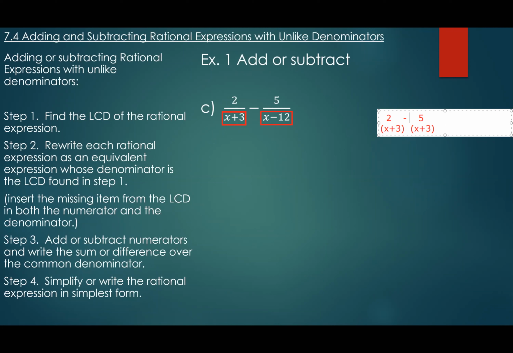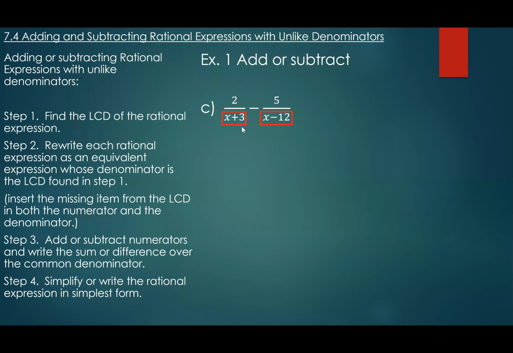My answer would be -3 over x plus 3. But we don't have that for this particular problem. Clearly, we can see that x plus 3 and x minus 12 are different. And if they are different, our goal is to somehow change them to be the same.